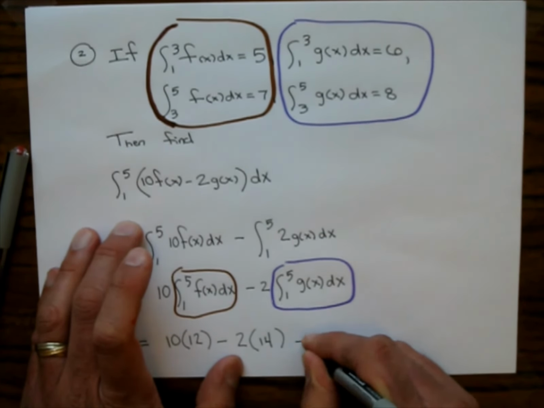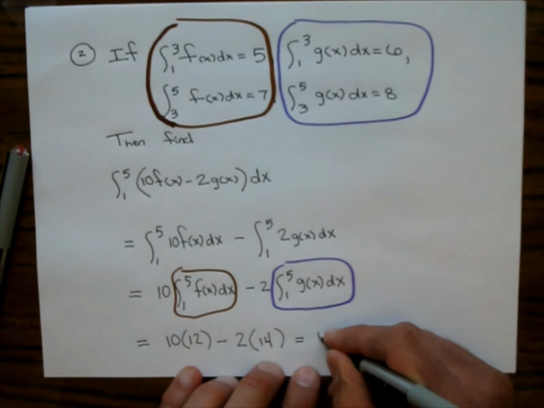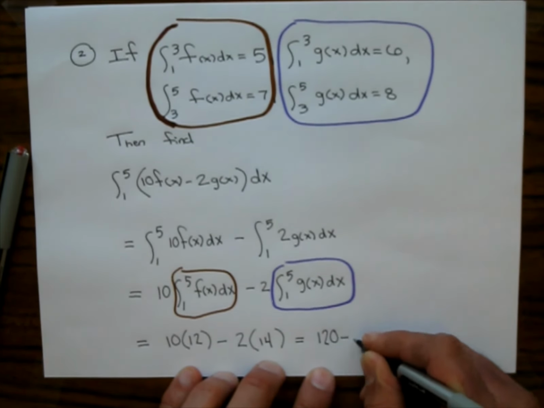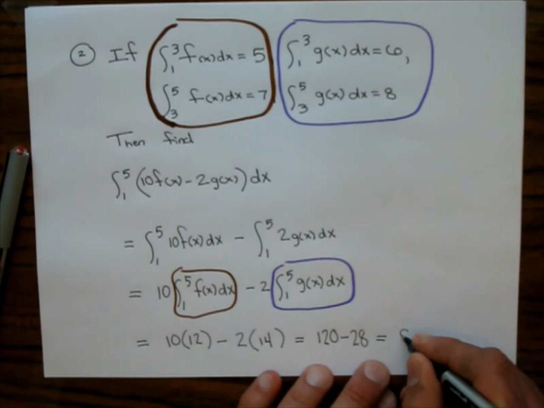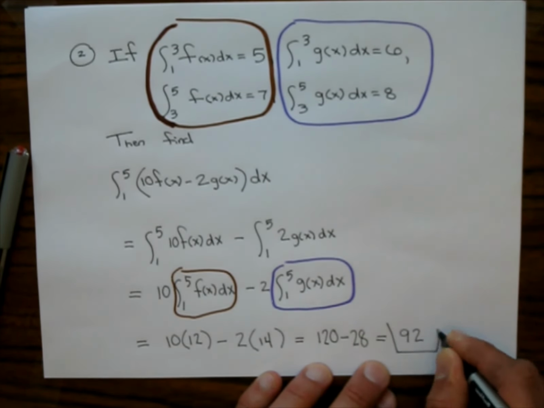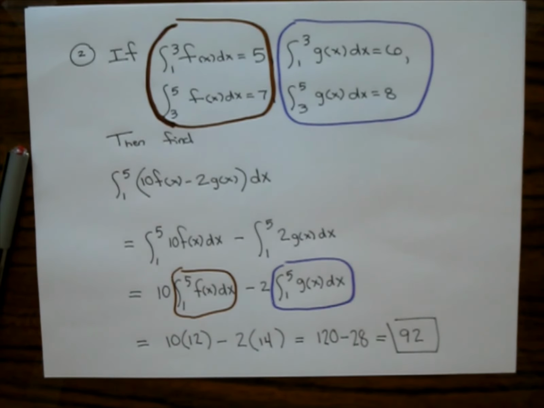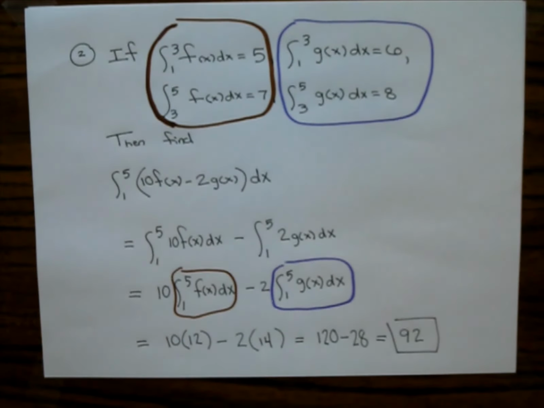So it looks like I have 120 minus 28. So that's going to give me 92. And so this completes 5.2. Do your homework and have a good day.